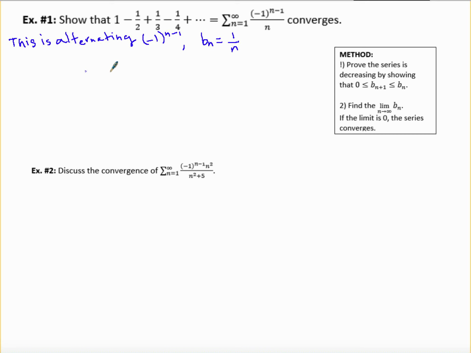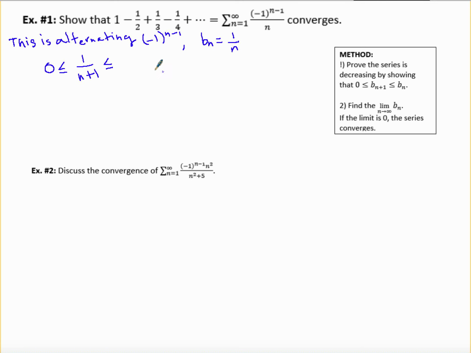Let's show that this is actually a decreasing function. What we're going to show is that 0 is less than or equal to b sub n plus 1. Well, b sub n plus 1 is just b sub n with n plus 1 put in everywhere there's an n. So that's going to be 1 divided by n plus 1. And this has to be true.